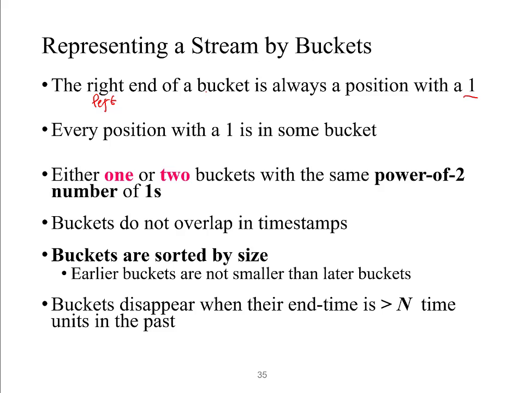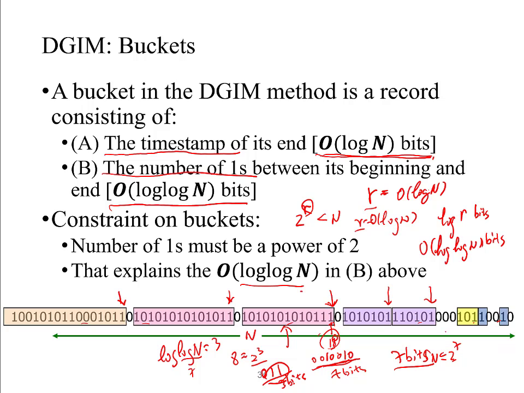And every position with a 1 is in some bucket. If it is not in this bucket, then it will be in that bucket. But we don't care about 0. Some zeros can be in a bucket, but some of them can be out of a bucket, as you can see here.